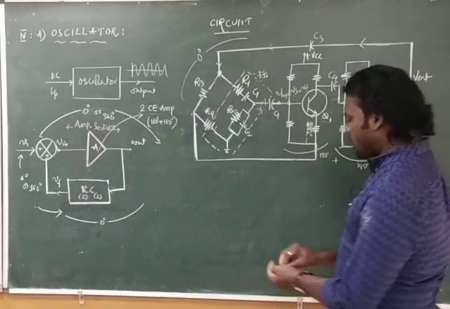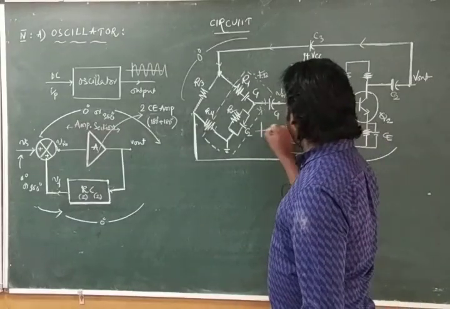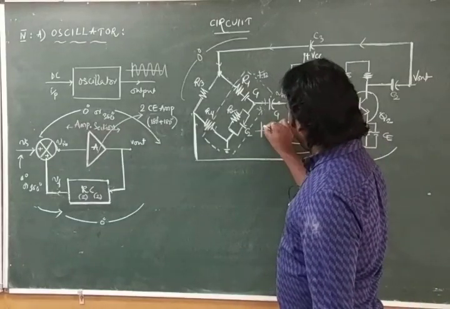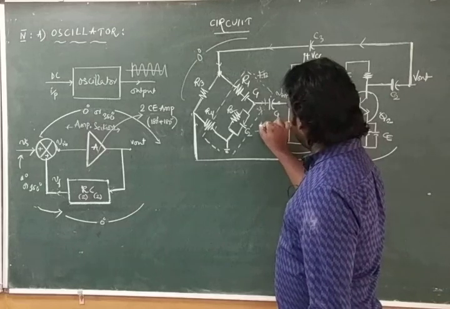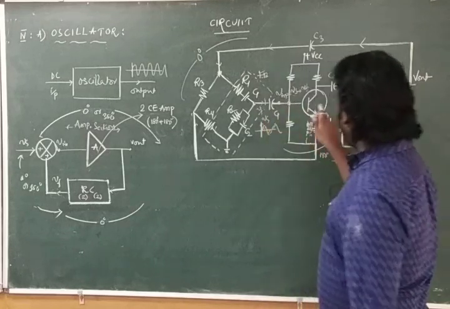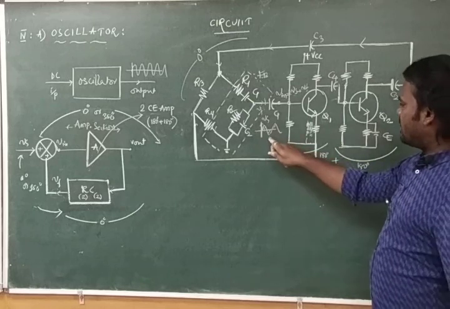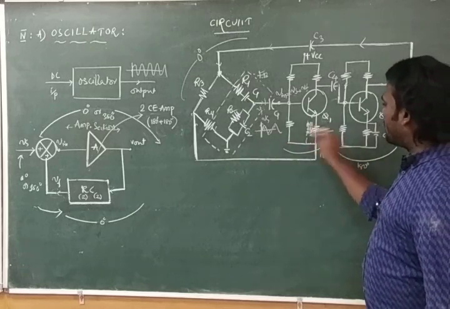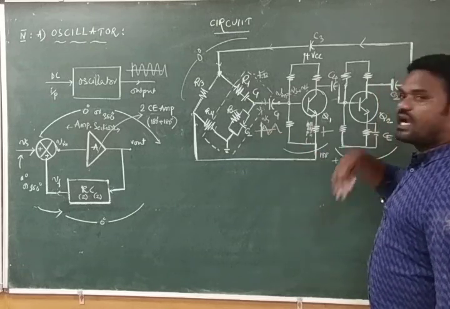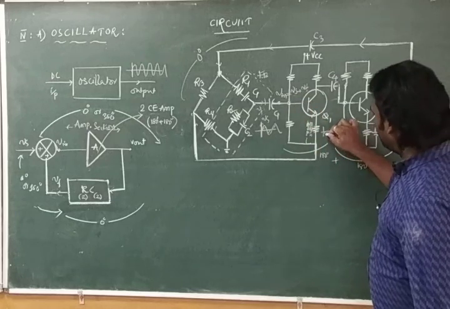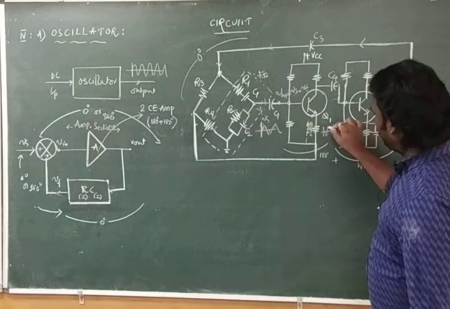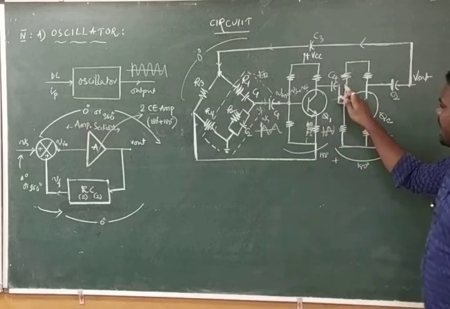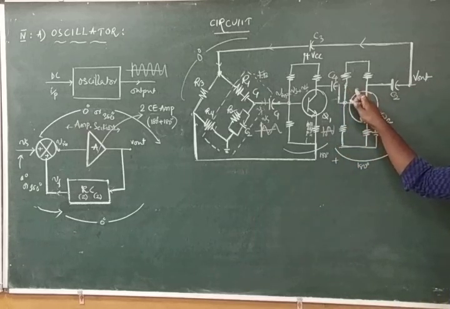For example, input is here, Vs is this. Then the output of the first amplifier will be a 180 degree phase shift, so that the positive half cycle will be negative, and the negative half cycle will be positive. Again this is connected as an input for this one. You are getting or not?